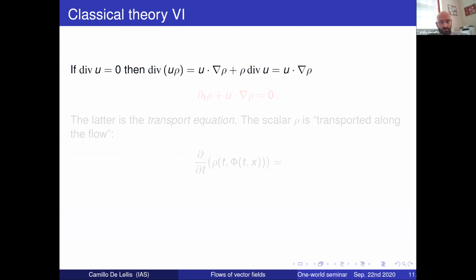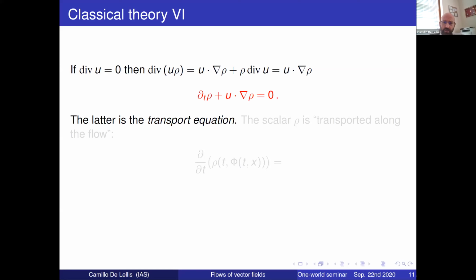And then, of course, you notice once again that if the divergence of U is equal to 0, then you can rewrite the divergence of rho times U as the advection of rho through the vector field U plus this term, which would be equal to 0. And then your density not only solves the continuity equation, it actually solves the transport equation too.